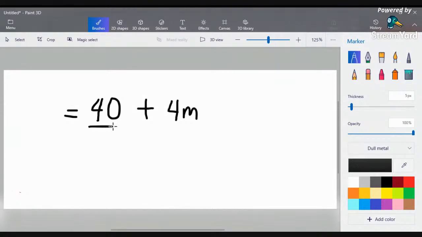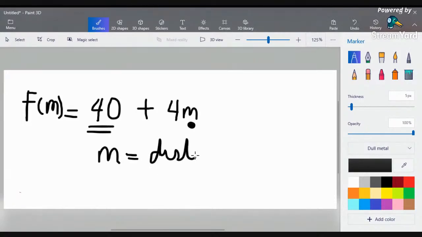It's like 40 pesos flag down, and depending on the number of meters that you'll take, you will multiply it with 4 pesos. The function of m will be equal to 40 plus 4m, where m is equal to the distance in meters.